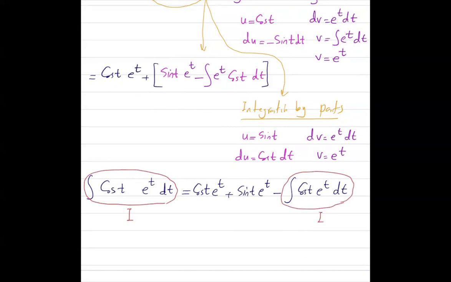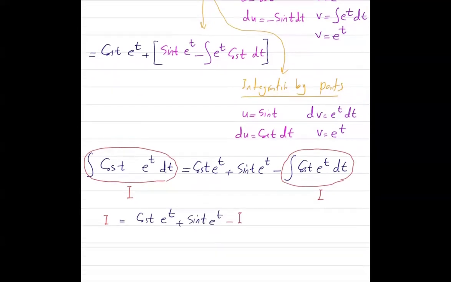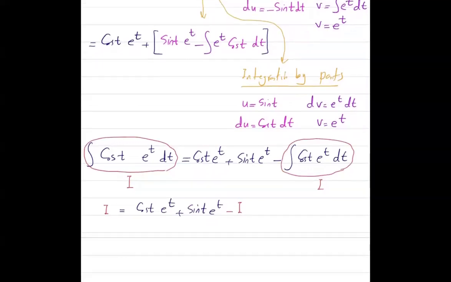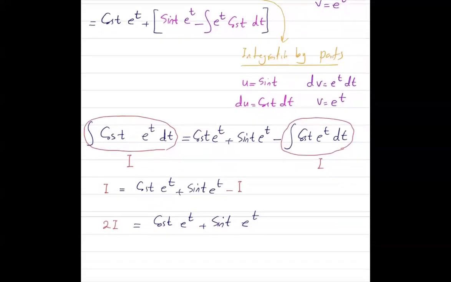It means that I is equal to cosine t e to power t plus sine t e to power t minus I. So if I bring I to the other side, I get 2I equals cosine t e to power t plus sine t e to power t. What's the meaning of that? Well, from algebra, I is equal to a half.